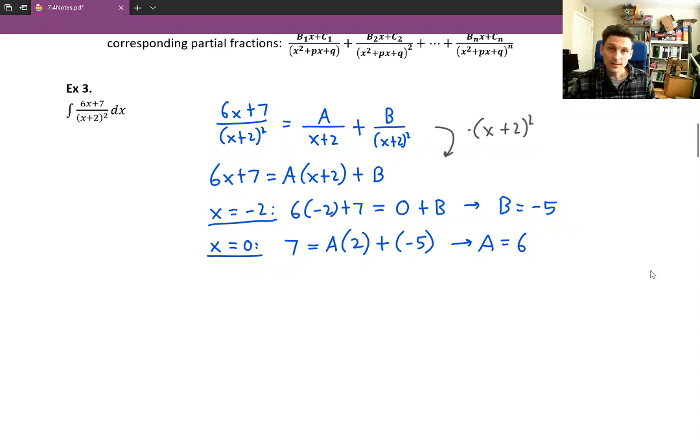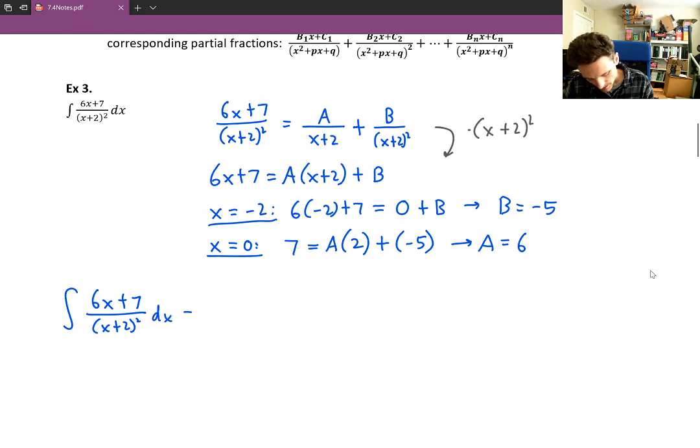All right. So now that we've got the undetermined coefficients, we know exactly how that original fraction breaks down into the two smaller fractions. So now we can write the original integral is equal to the integral of plugging in a equals 6 back into a over x plus 2. We have 6 over x plus 2.